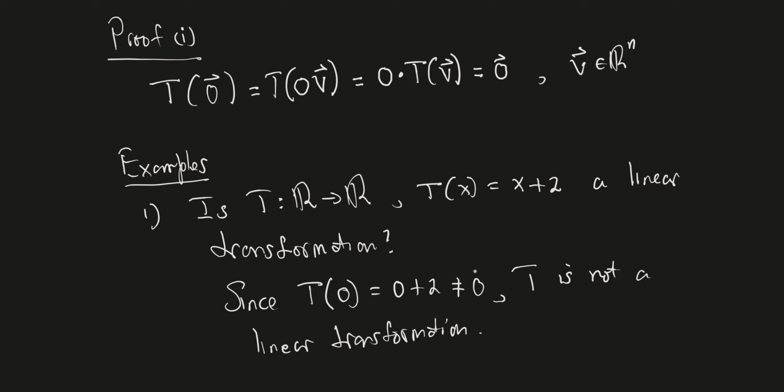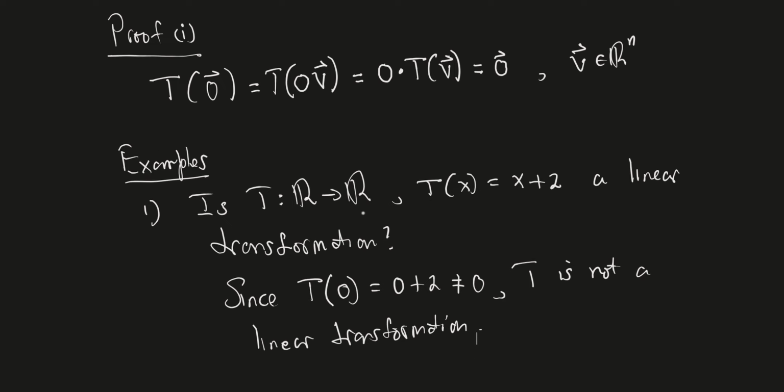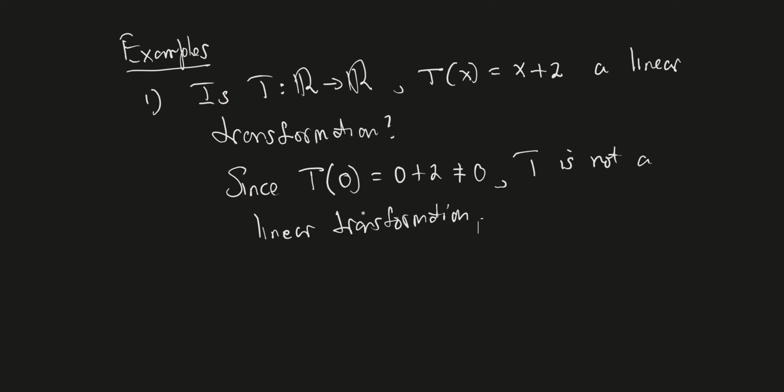There are lots of concepts that have one way of defining them geometrically and another way algebraically. I'm not saying that this is not a linear function. It just is not a linear transformation, and that's the difference. So let's take a look at another example.